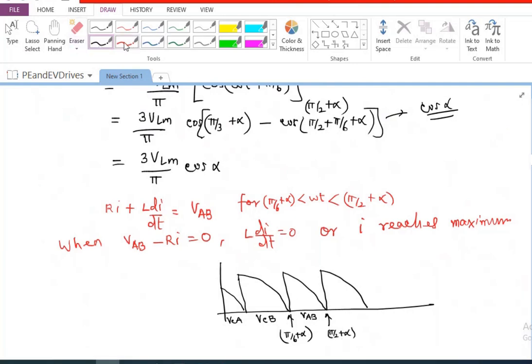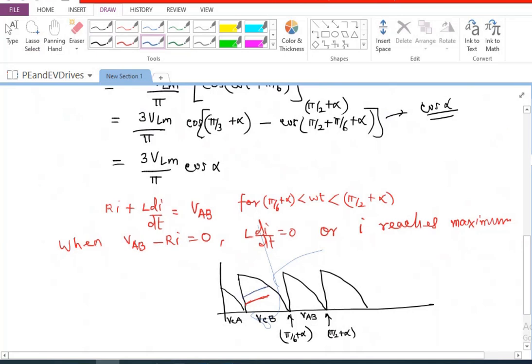So if I say that the current had been decreasing, maybe it is a continuous current, and current starts increasing from this point. So when it increases, maybe if I try to draw I times R, I'm going to have it somewhat like this.